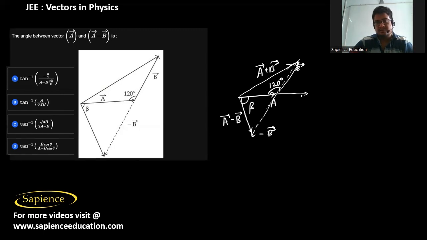So the angle in between A vector and B vector, that is 60 degree.